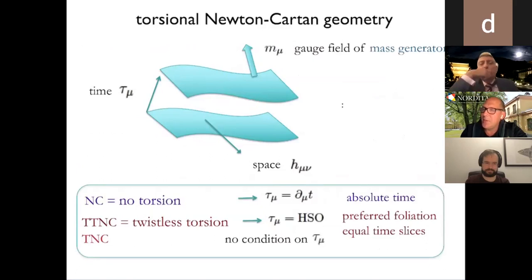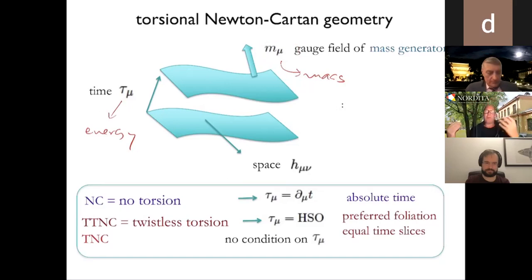So the response of the field theory, for example, coupling to tau is energy, and the response to m is mass, so energy current and mass current. Just from thinking about non-relativistic field theories, and the fact that energy is not equal to mass, it becomes clear that the geometry should also have this extra U1 gauge field of mass.